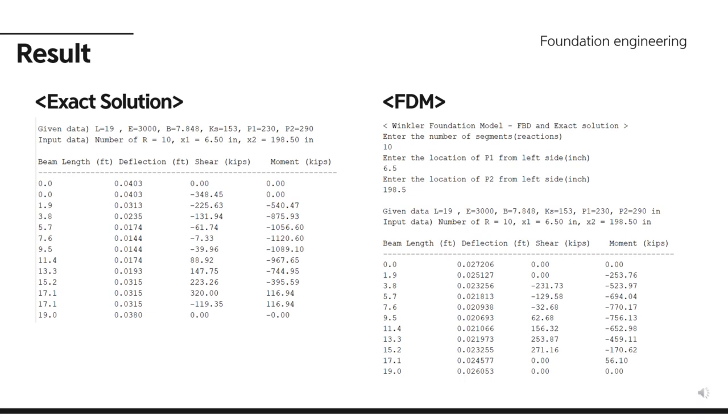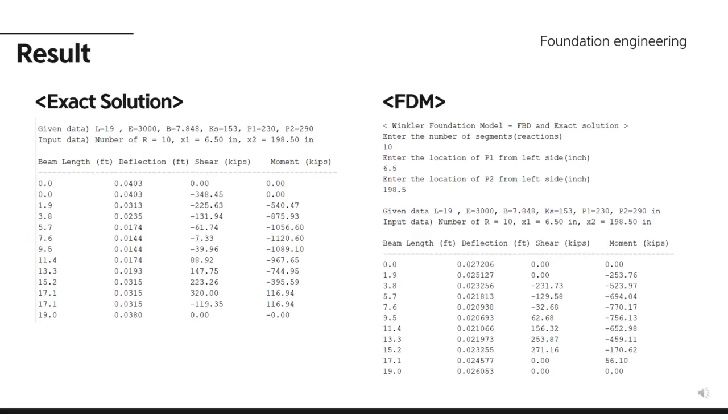In terms of deflection, FDM showed slightly smaller values overall, likely due to its conservative approximation nature. Shear and moment values for both methods showed significant changes near the load points, especially for shear.